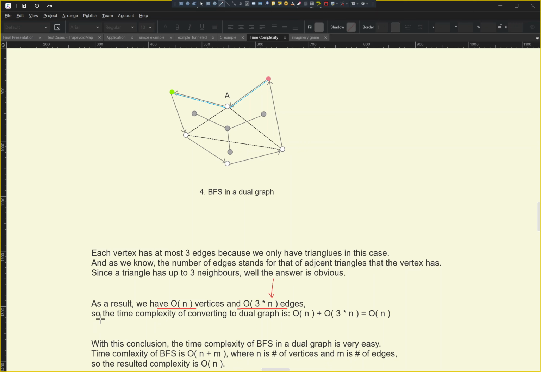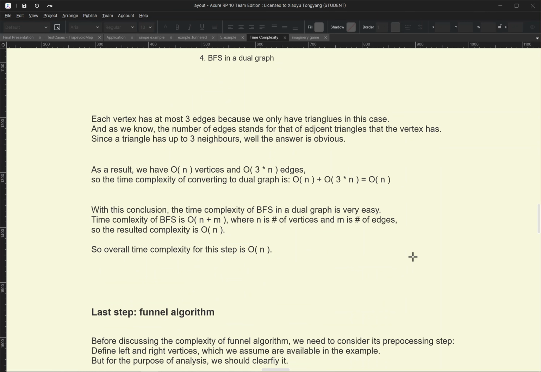Consequently, we have the time complexity for converting triangles into a dual graph, which is big O n plus big O 3 times n, which is big O n, which is linear. And with this conclusion, the time complexity of breadth first search in a dual graph is easy to conclude.